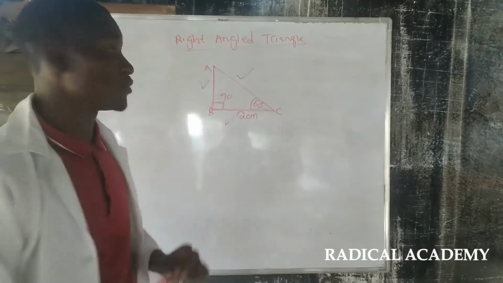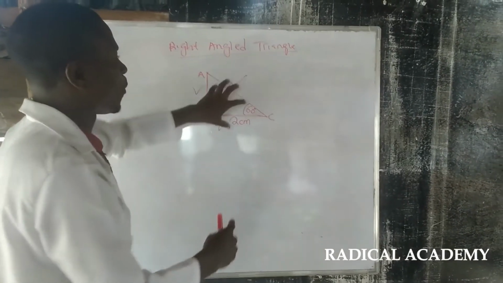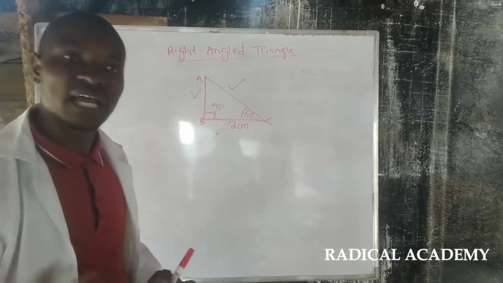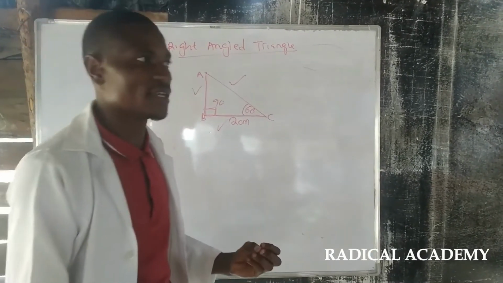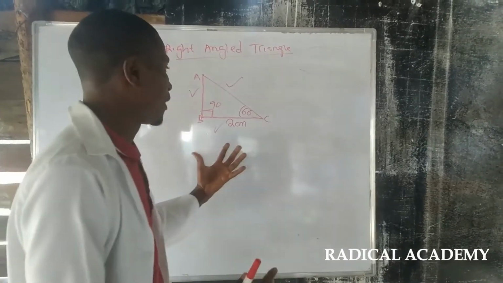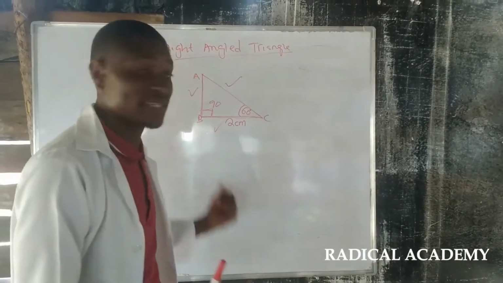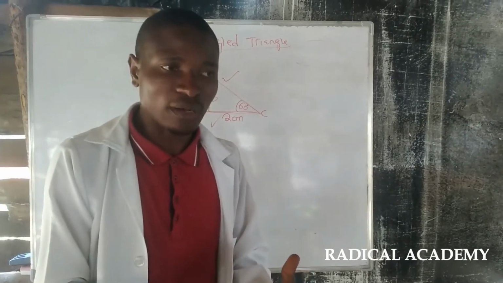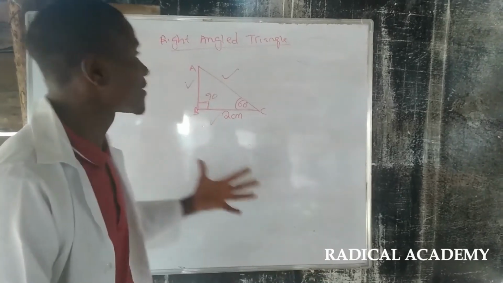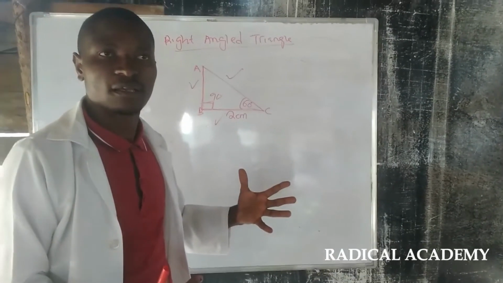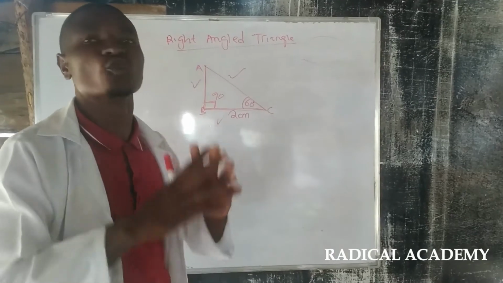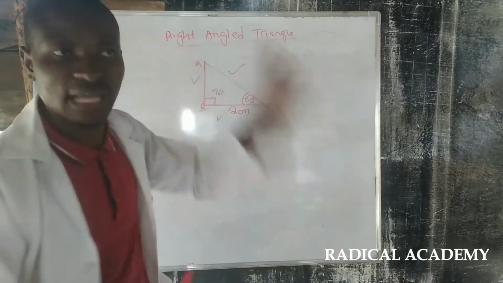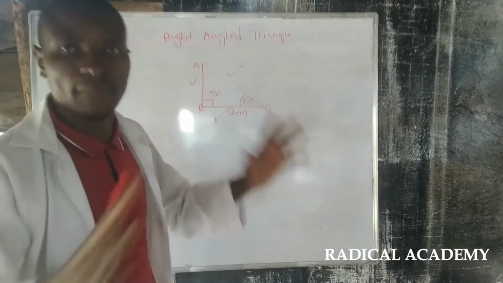All you're supposed to do is understand what a right angle triangle is, and after that we'll dive into the formulas you can use to solve problems concerning trigonometry. You have to be very clear that you understand what a right angle triangle is. If you don't understand, it will be a waste of time to start.